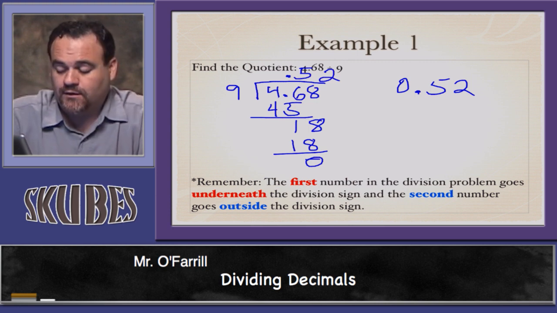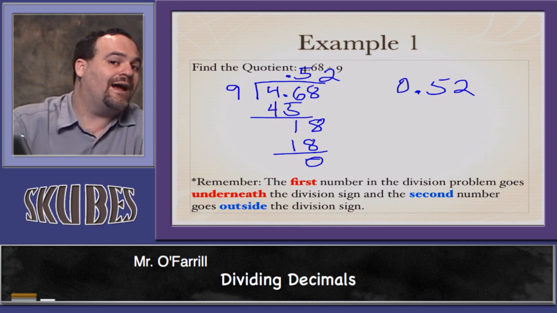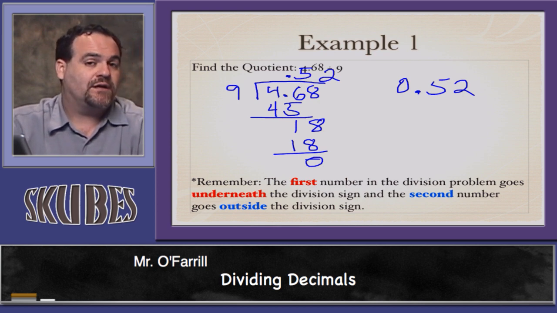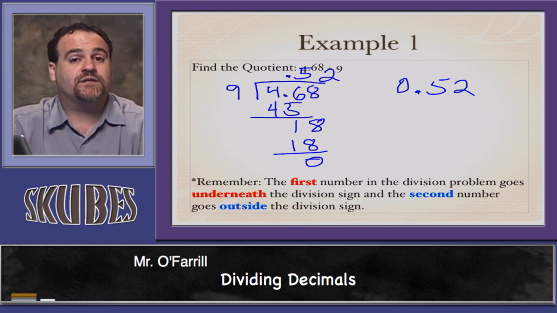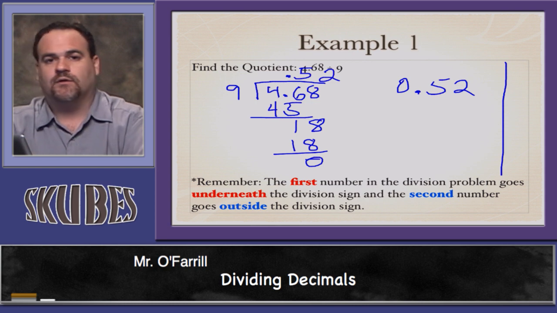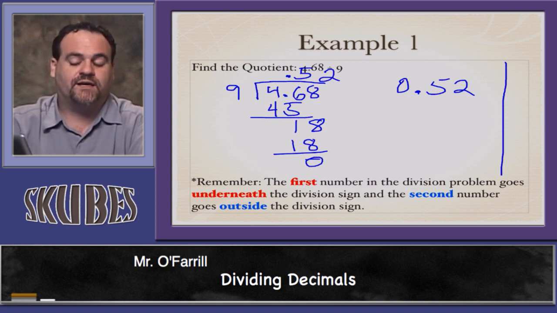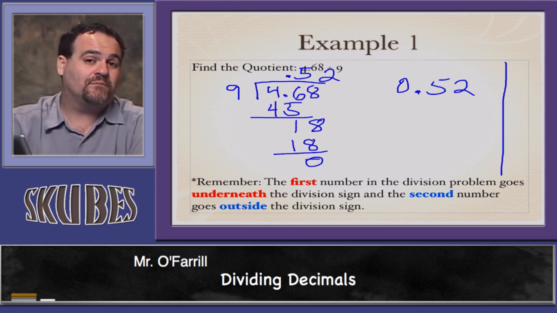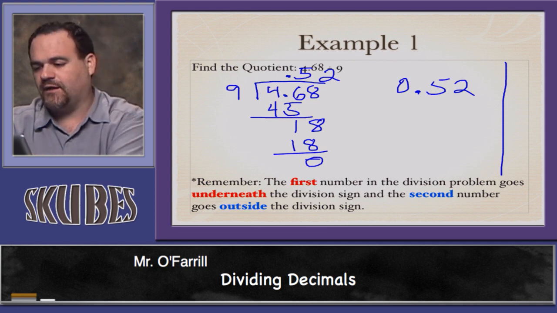And the moral of that story is just like when we're adding and subtracting decimals, if you remember, the location of the decimal is something that is always tracked vertically. You always line it up one on top of each other. In a division problem, we do the same thing.